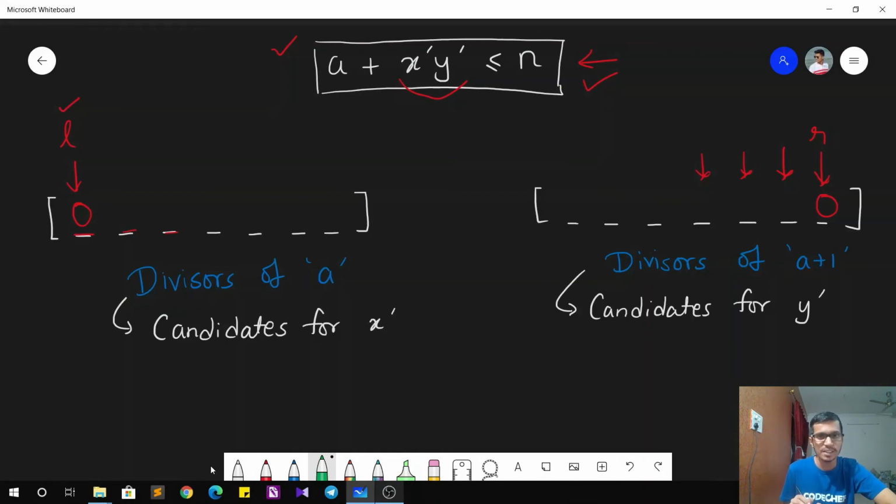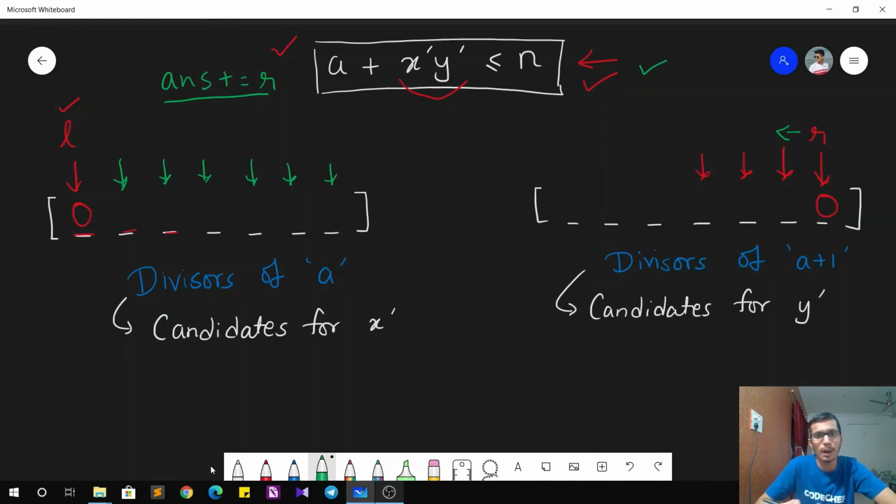And once the condition is satisfied, we increment our answer by R. And that's it. That's our process. For each position of L, we keep moving R towards the left until this condition is satisfied. And once the condition is satisfied, we increment our answer by R. And we do this for all the positions of L. And that completes our process.